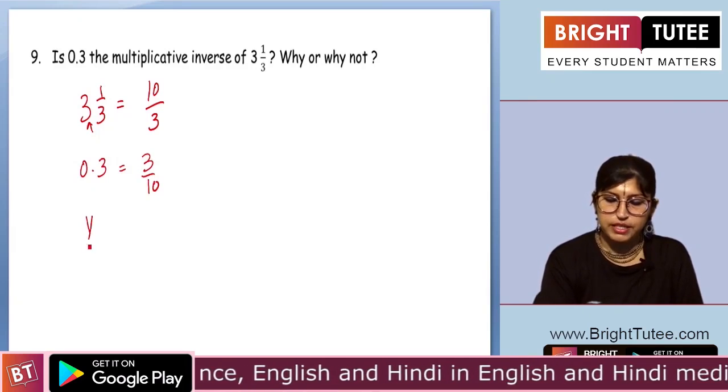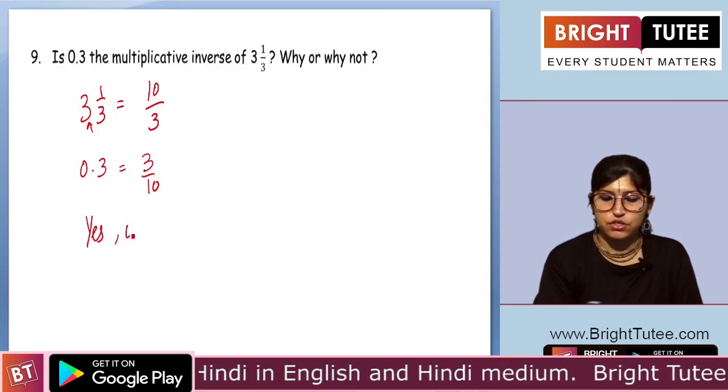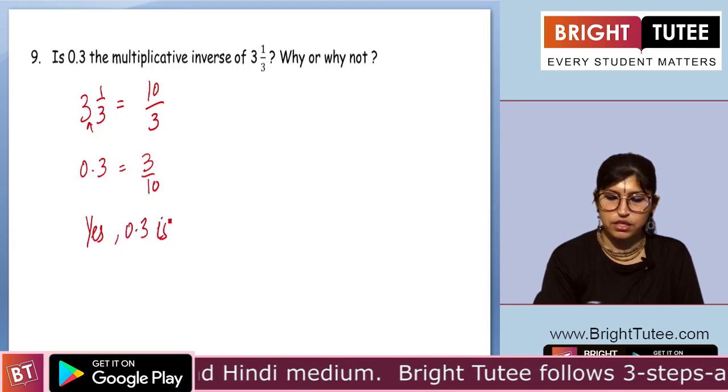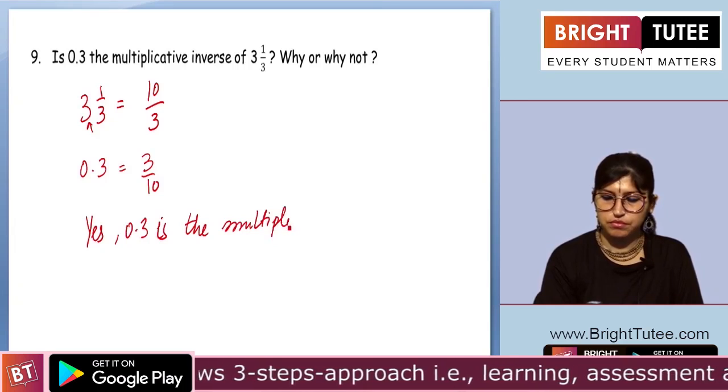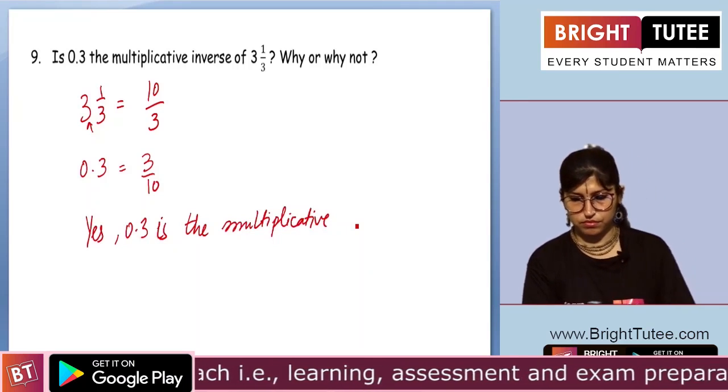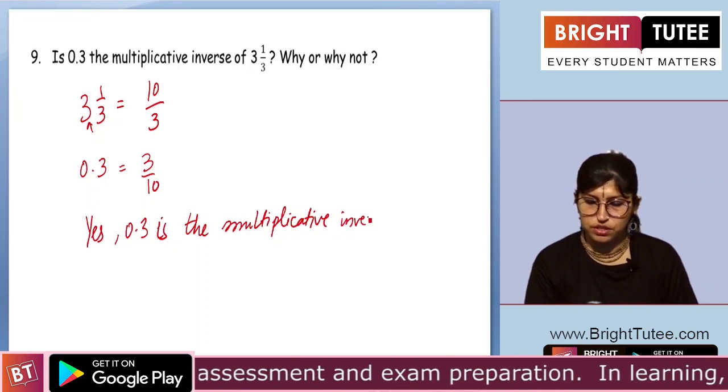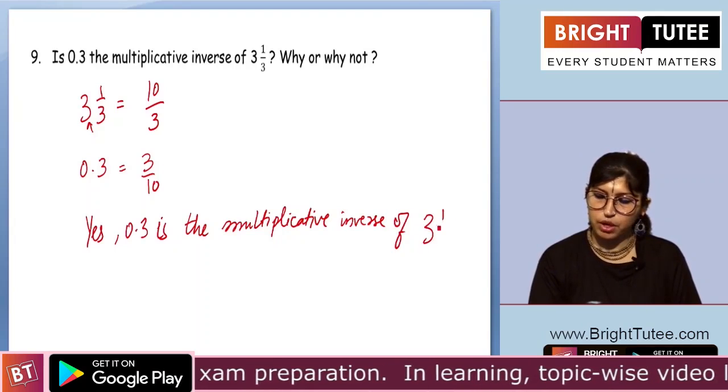So we can say yes, 0.3 is the multiplicative inverse of 3 1 by 3.